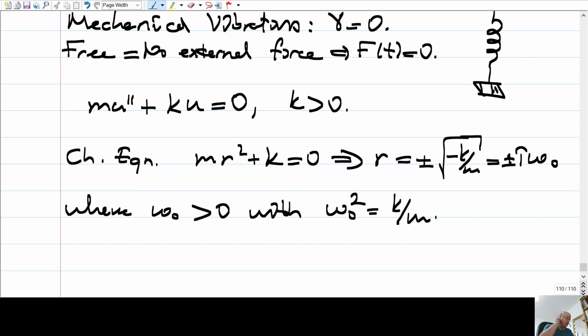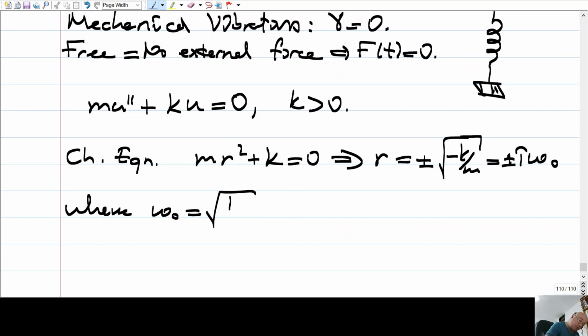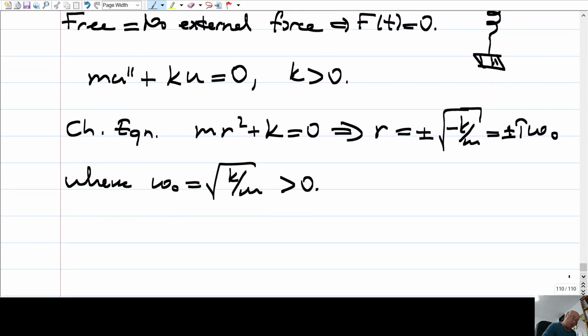So it is just the square root of k over m. This omega 0 is called the natural frequency of the system.